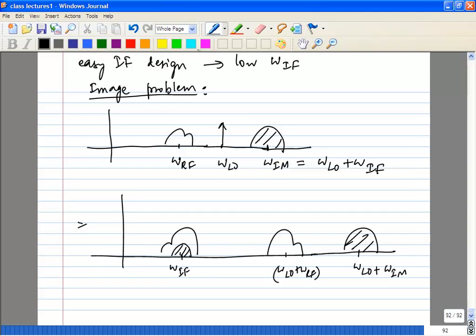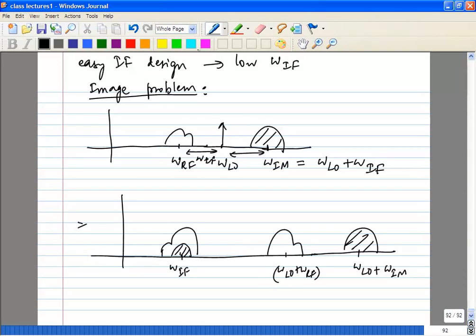Remember, this is omega IF, and you consider a signal which is omega IF on the other side. And what does that give you? In reality I have shown it much smaller, but it's going to fall on top of your signal. Whatever is there is going to fall on top of your signal.